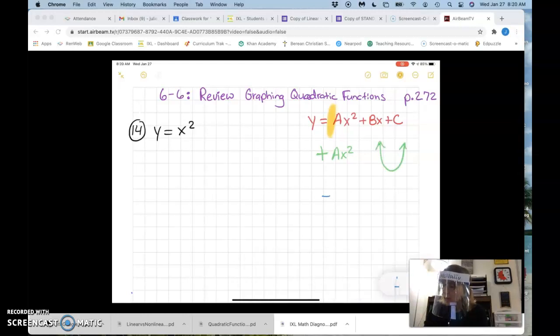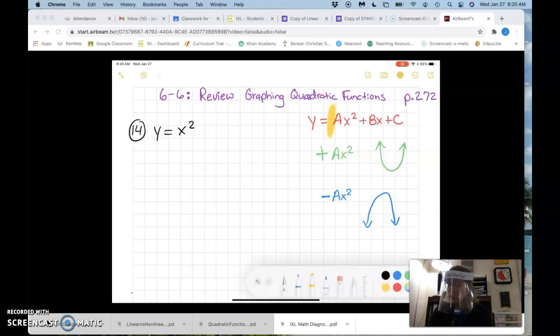If the sign is negative on your x squared, the parabola is going to open down. That's super important and helpful information that you need for tomorrow. So pay attention to that sign that's sitting on the front of your x squared. Positive opens up, negative opens down.